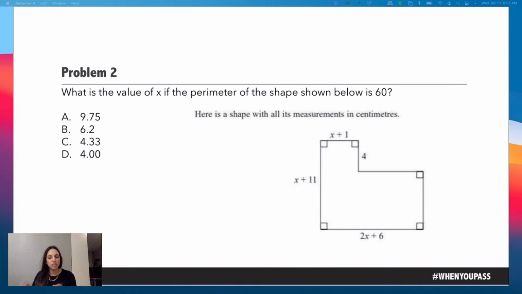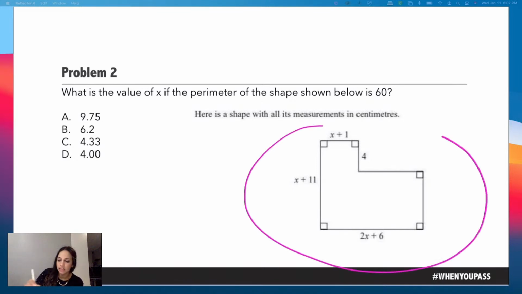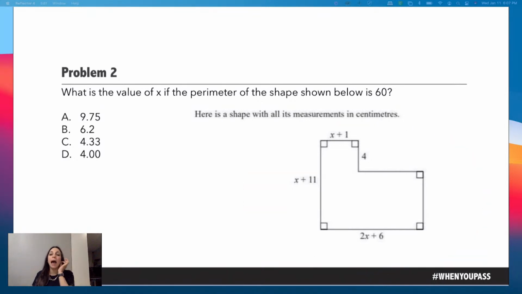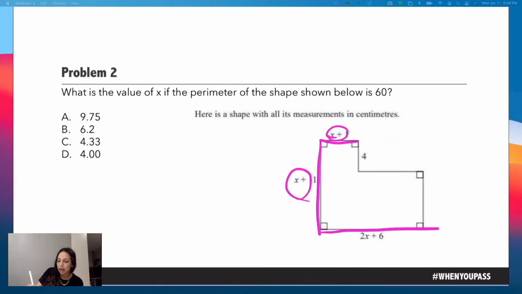So if they said, what is the perimeter, we would add up all the sides of our shape. But they're asking us what the value of x is. Now, when I say we would add up all the sides of the shape, we need to make sure that we're adding this side, this side, this side, this side, but that we don't stop there, that we keep going with this side and this side, even though we don't know what those are.